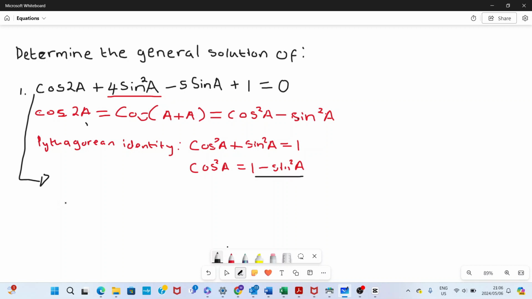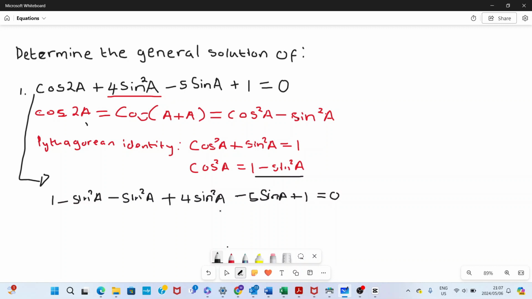So we replace cos 2a with 1 minus the sine squared of a, minus sine squared of a, and we're going to have plus 4 sine squared of a minus 5 sine a plus 1. This is equal to 0.